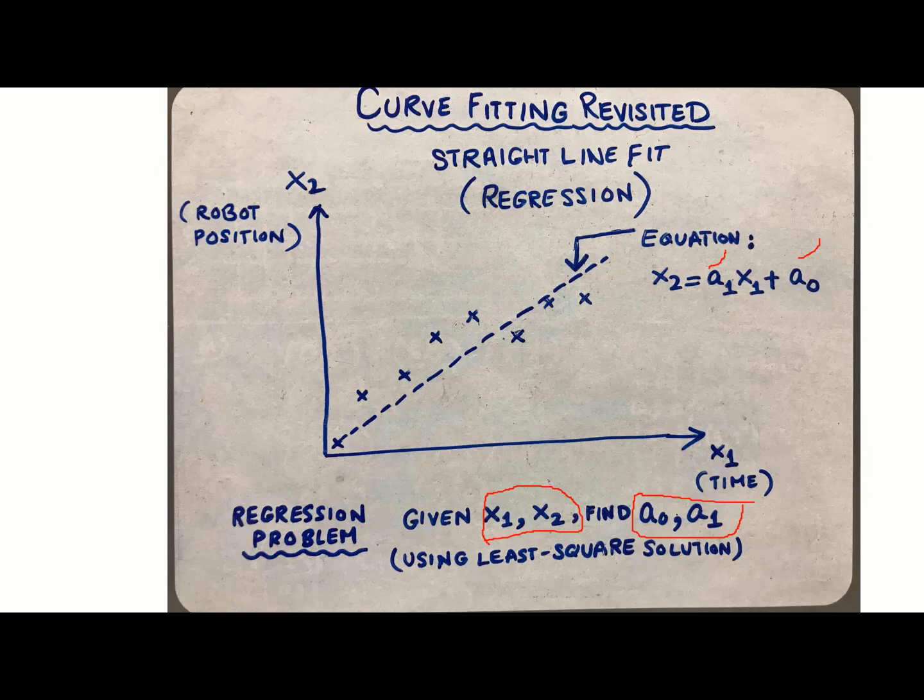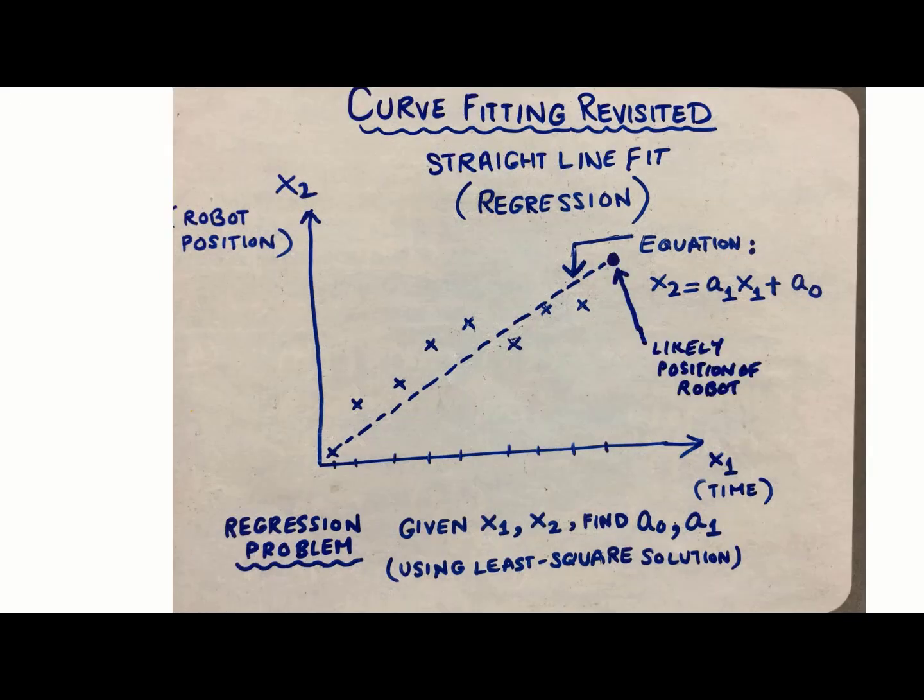You know very well that that can be found using the least squares solution. Once we have fitted a straight line to the data, we can estimate the position of the robot at time instance 8. So we can expect the robot to be somewhere over here.